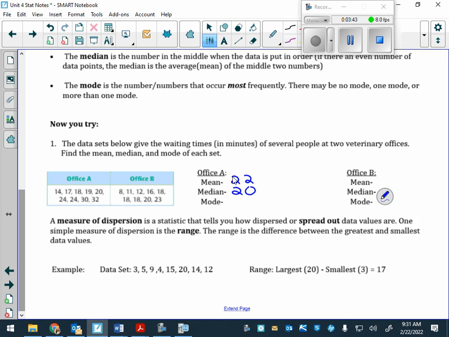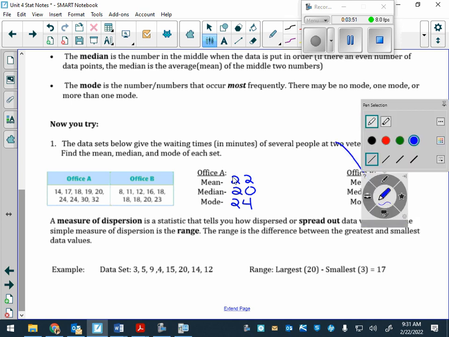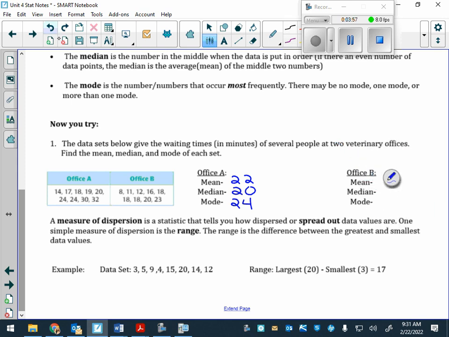What is the most frequent? 24, good. For Office B, Ryder, what's the mean? Mean is 16, good. James, what's the median? 18. Christian, what's the mode? 18. Very simple, and that's by doing it by hand, obviously using your calculator to add and divide.